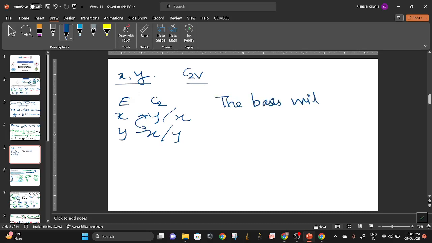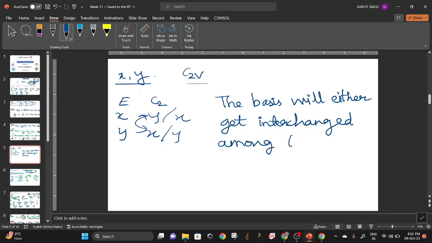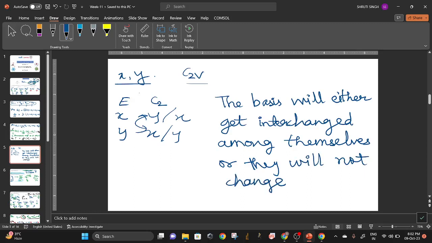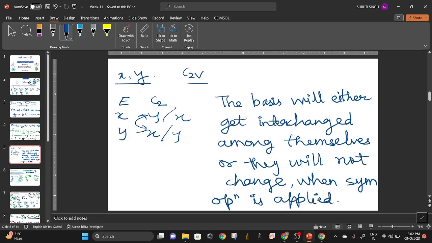the basis will either get interchanged among themselves, or they will not change when a symmetry operation is applied.